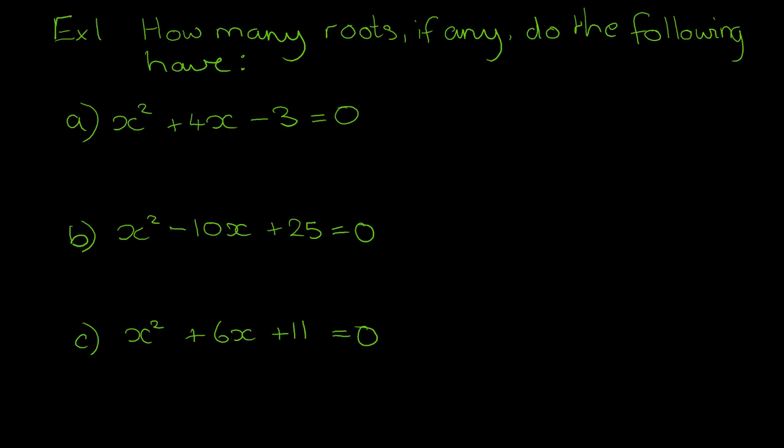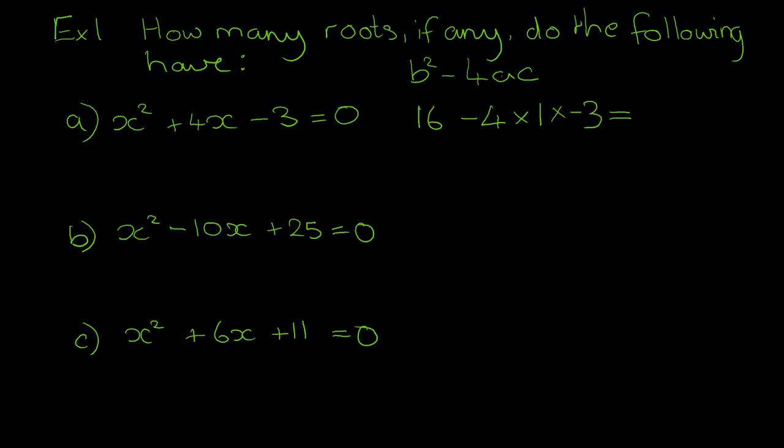So remember, it's b squared minus 4ac, just that bit from under the square root sign in the quadratic formula. In the first case, b is 4, so 4 squared is 16, minus 4 times 1 in front of the x squared, and minus 3 is the c.